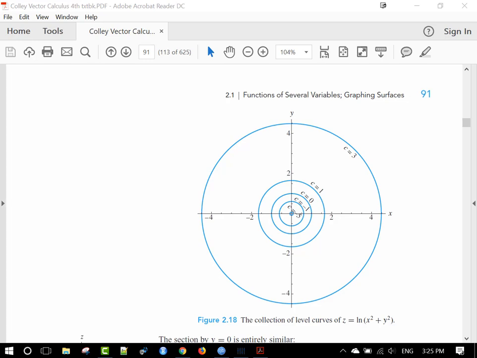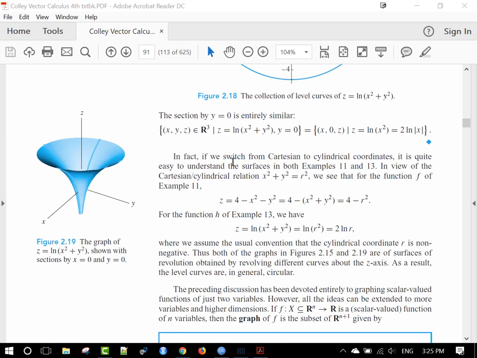Now they say that if we switch from Cartesian coordinates to cylindrical coordinates, we didn't actually cover that, I don't think. We covered a little bit of polar coordinates, but I don't think we did cylindrical coordinates, but you could switch to cylindrical coordinates, and they say that these are both called surfaces of revolution obtained by revolving different curves.